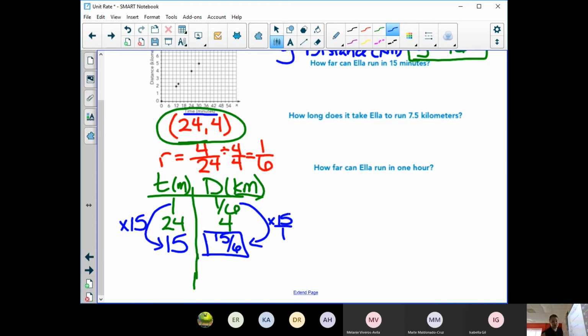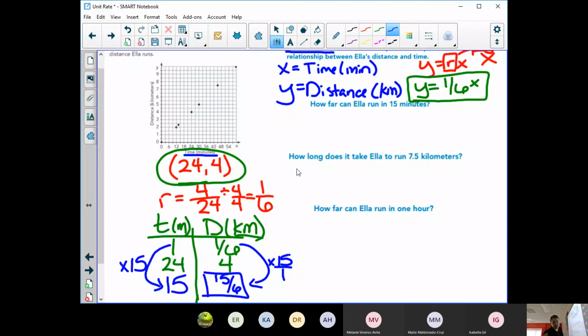And just to show you that I did the correct thing, I can use my equation to solve this. We have y equals 1/6 x. And we know that 15 minutes, we are talking about x, because my graph tells me that x is my time in minutes.